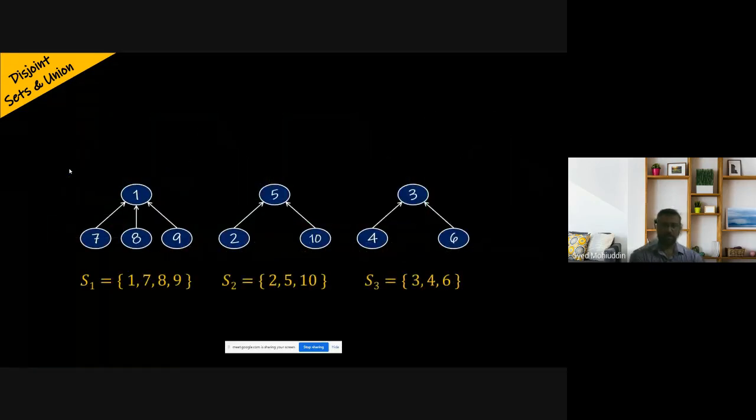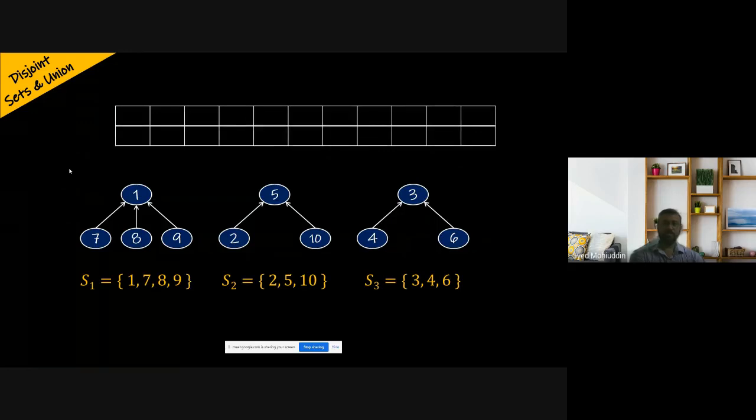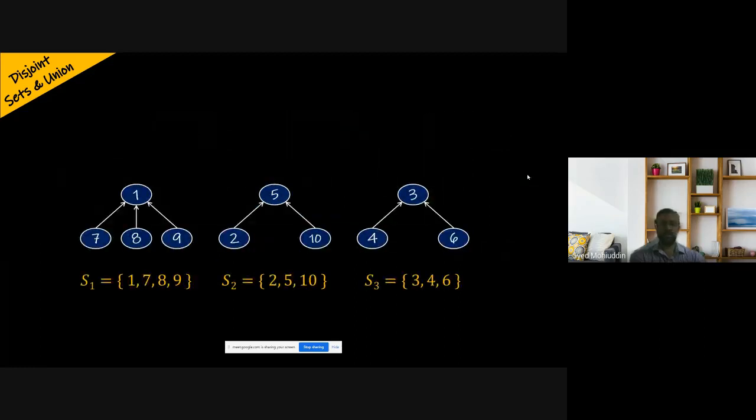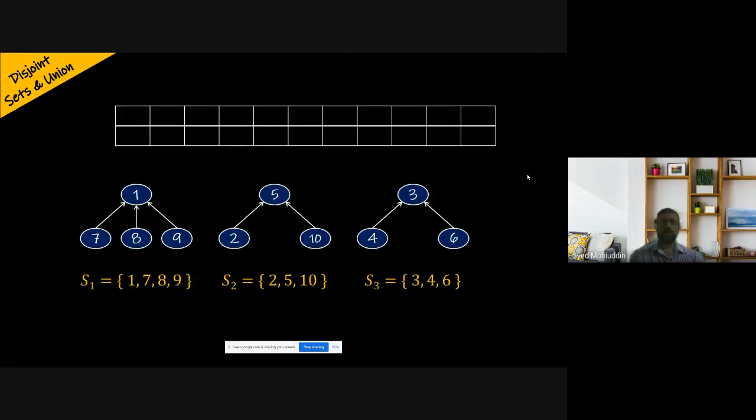Now, let us look at this. When it is maintained in a table with these pointers, we have to use something to represent these trees also, that is S1, S2, S3, in a program or in a computer. For that reason, we will be using an array. Array has indices, and let us call this array the P array. We will be maintaining a P array.